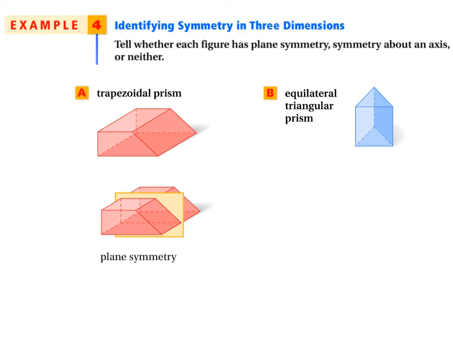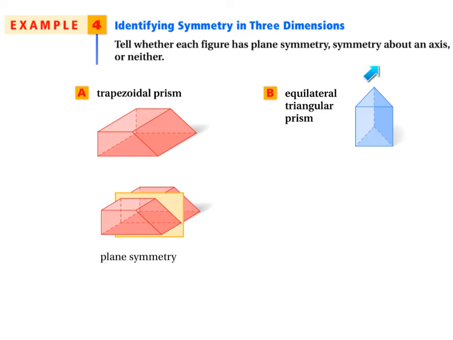B asks for an equilateral triangular prism. Does this have plane symmetry, symmetry about the axis, or neither? Can you cut this in half? The answer would be yes, you can cut it this way, straight across. So it does have plane symmetry. Does it have rotational symmetry?